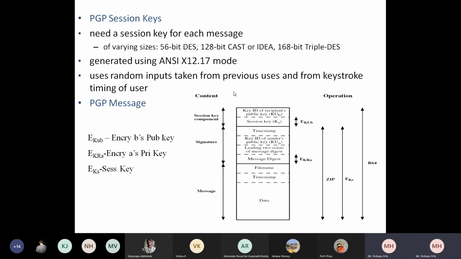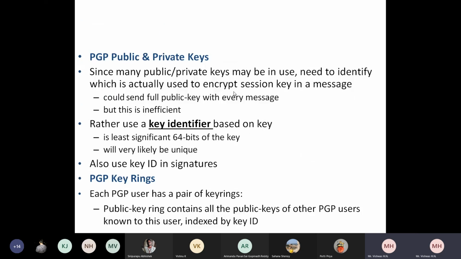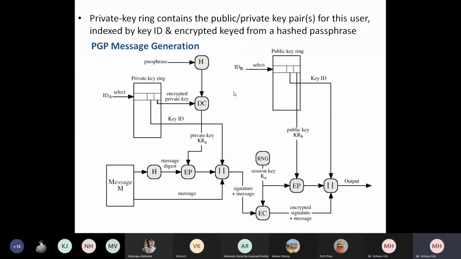I hope these things are clear to you now. Do you have any questions regarding PGP? Because we are moving into MIME now. PGP key rings I've already told you in the previous class. And this is not required. Whatever is required for you, only that I will retain in the slide and share it with you. Today I will do that, students.